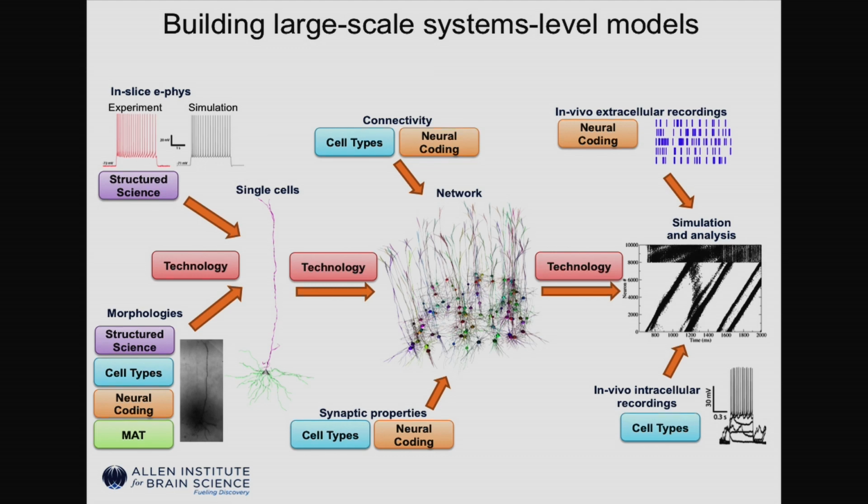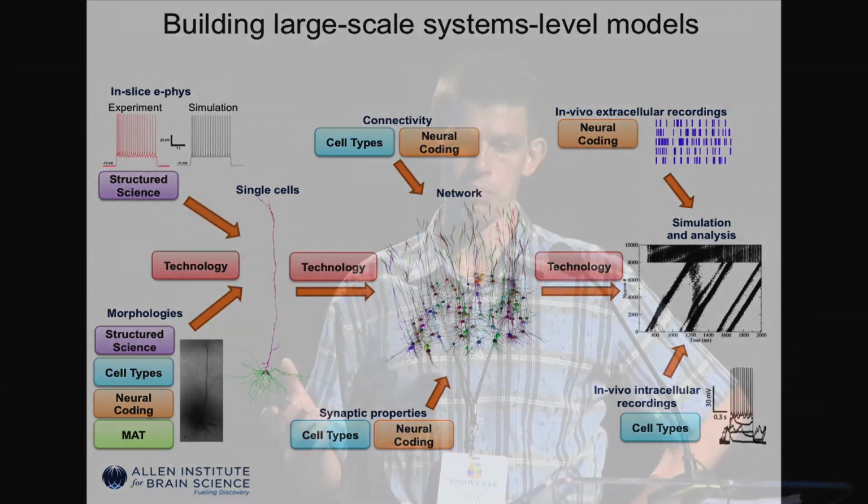I don't have time to go into details about all the different modeling projects that we have here at the Institute, but let me just give you an idea about our general workflow in all of those projects pretty much.